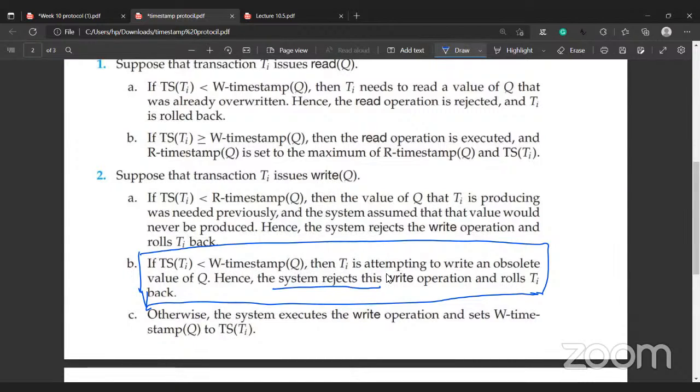So the Thomas write rule is basically a modified version of the timestamp protocol.